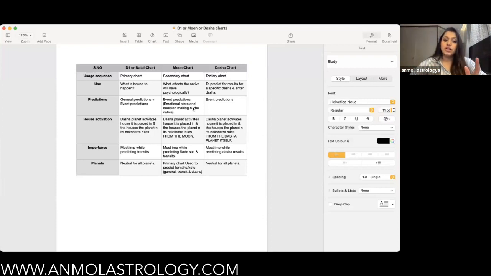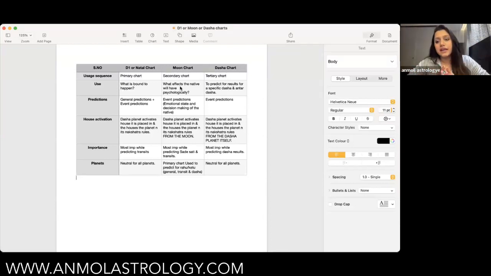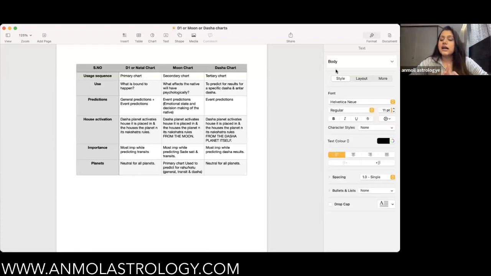Then the moon chart. The moon chart is actually used for event predictions. It could be general predictions, but only related to the emotional state of a person, okay, and decision making for a native. The dasha chart, the last chart, is used for event predictions.